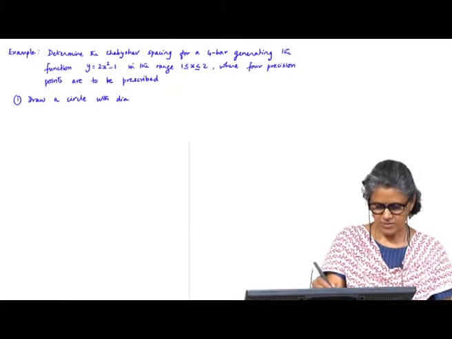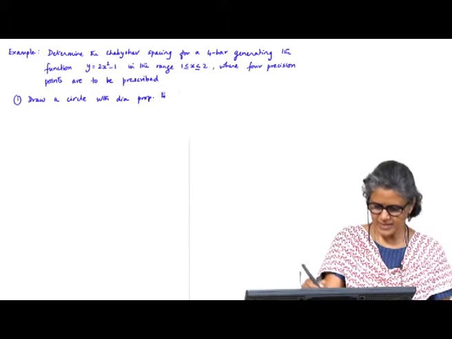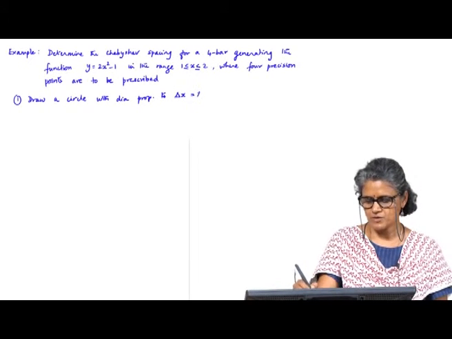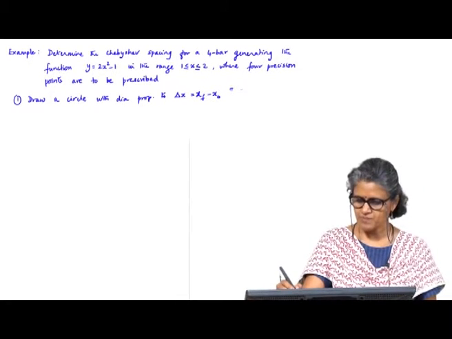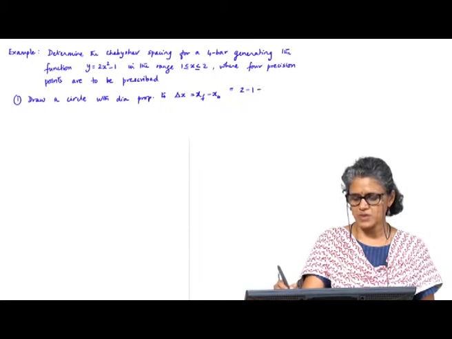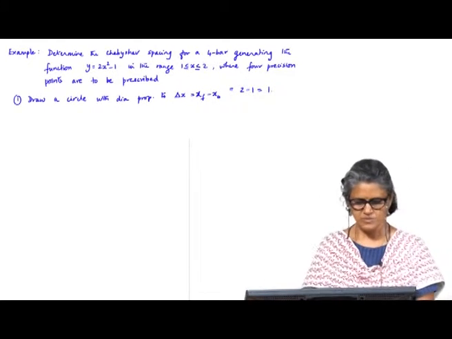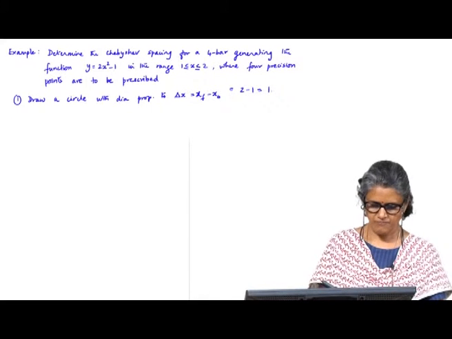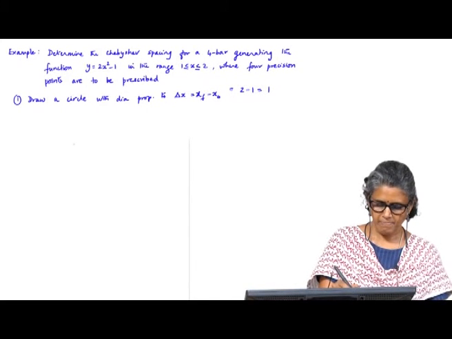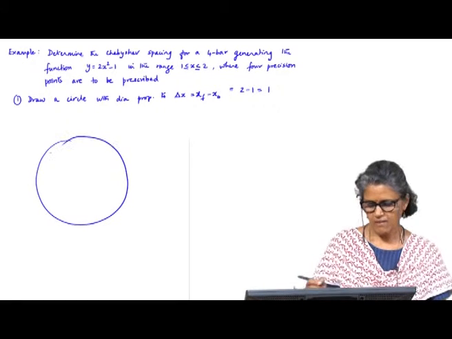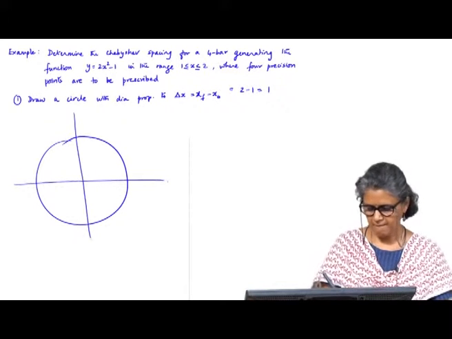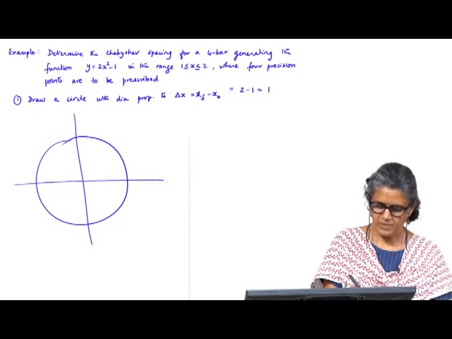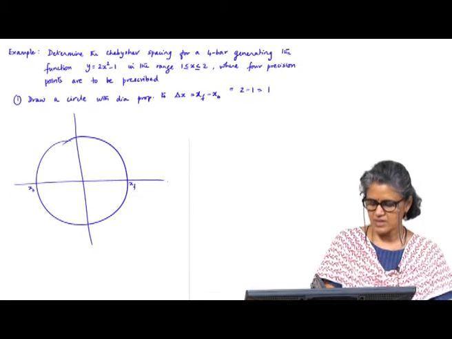The diameter is proportional to delta x equal to xf minus x naught, which is equal to 2 minus 1, 1. So, I draw the circle such that the diameter, this is x naught, this is xf.